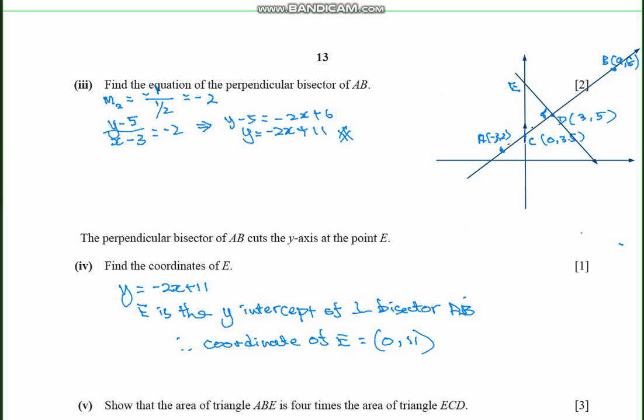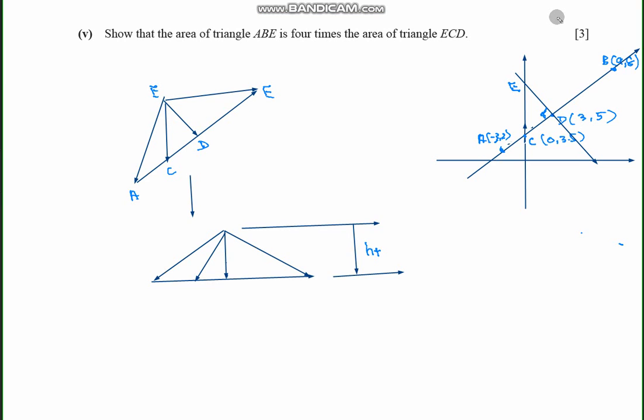Okay, that's it. We're going to go to the next stage, the last. Now we have to prove that the area of ABE is 4 times the area of ECD. Okay, now teacher draws out the diagram. This is E, this is B, sorry, this is A and B here.